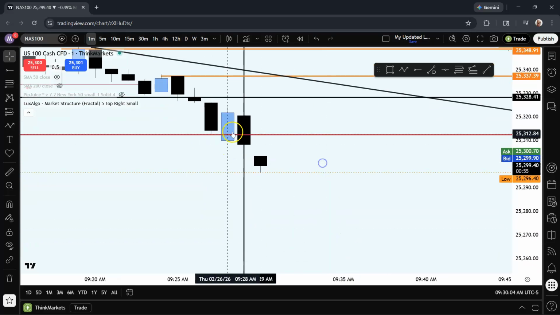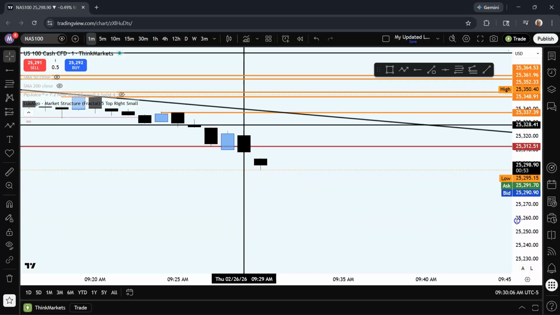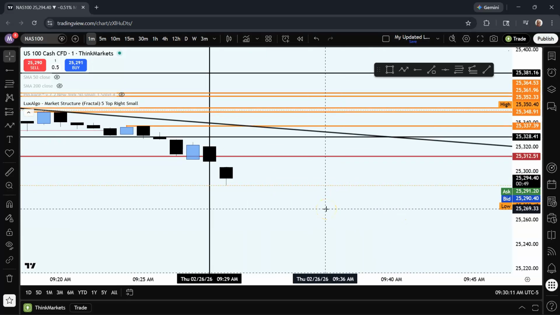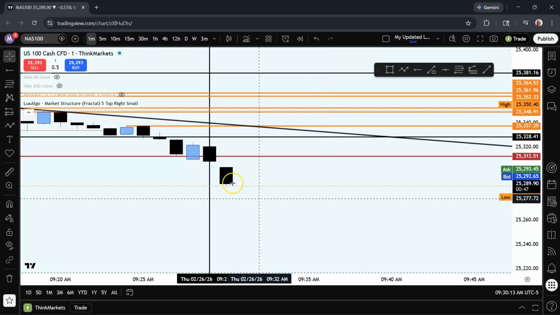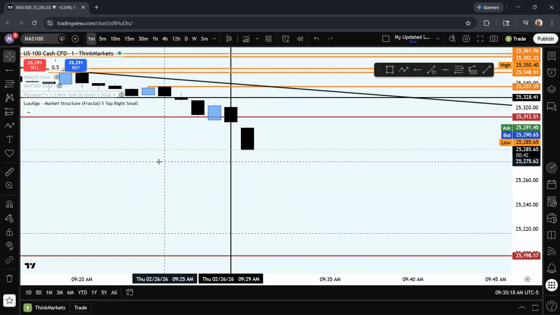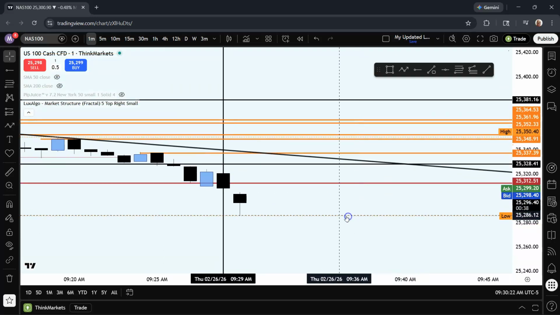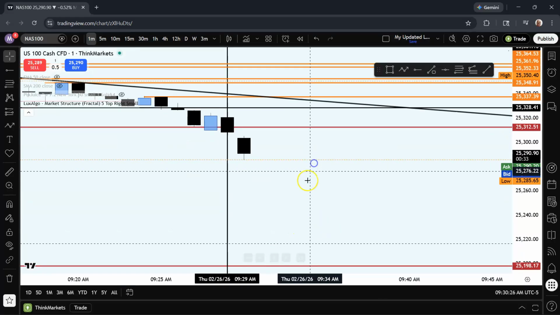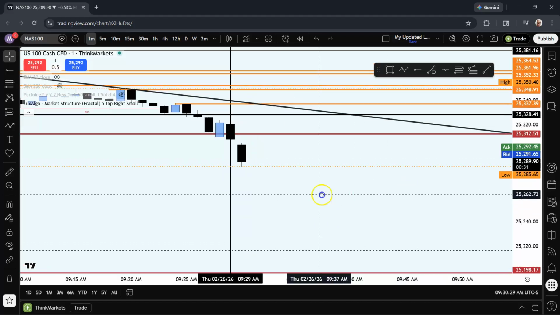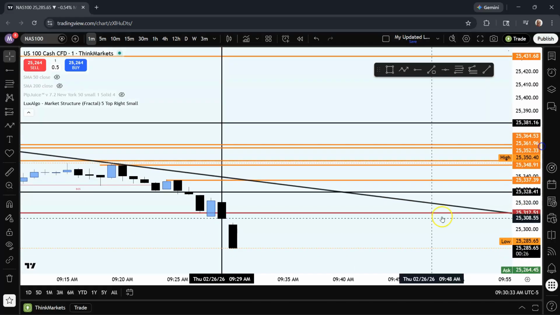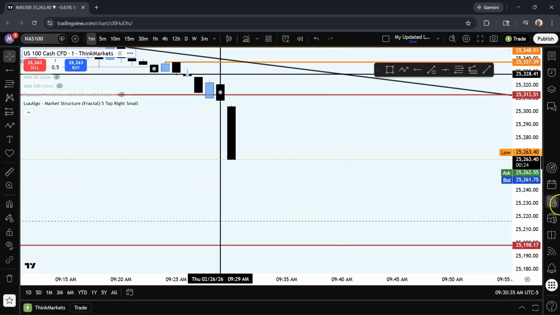Okay, so a gap down. Okay. So nothing really. No trade. Still gapping down.